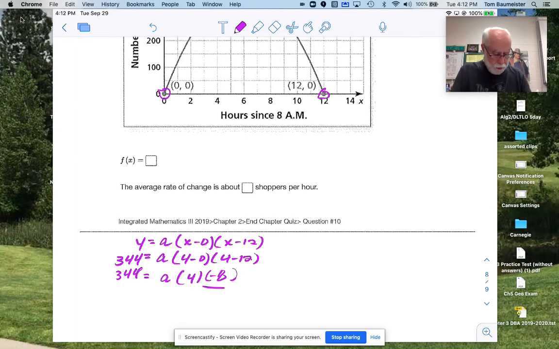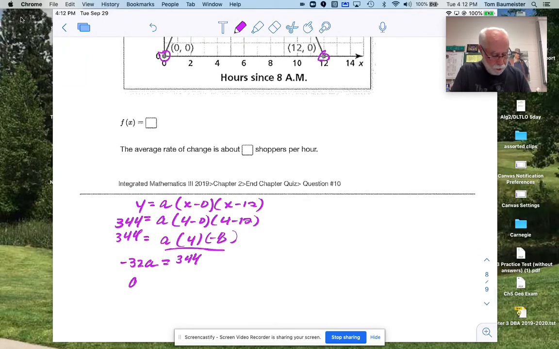So this one right here will give us negative 32a. Remember, I can flip it: negative 32a is equal to 344. So our a is going to be 344 divided by negative 32, which will give us negative 10.75.